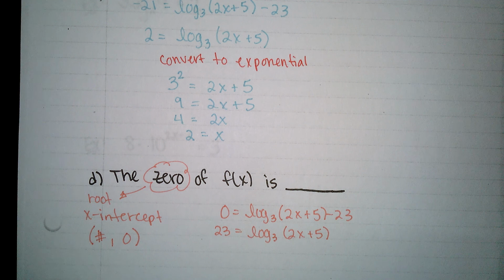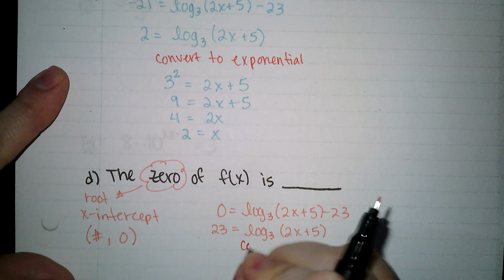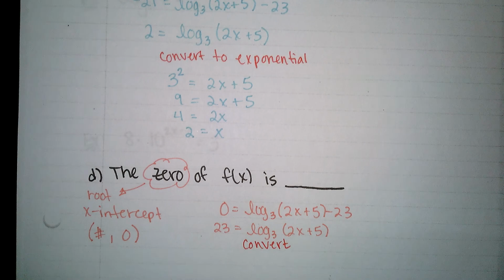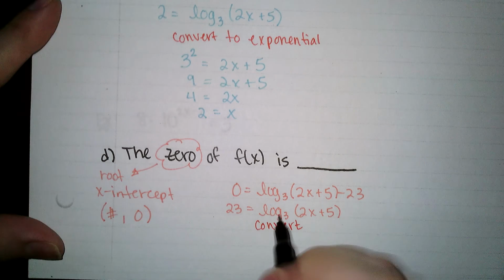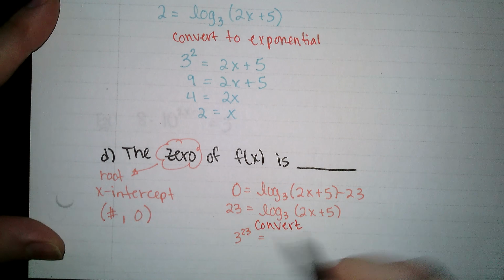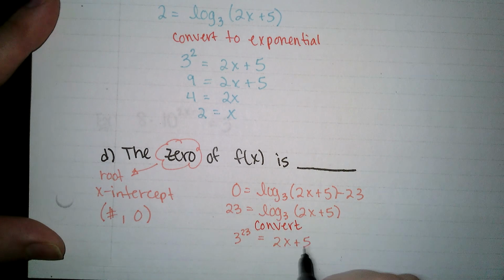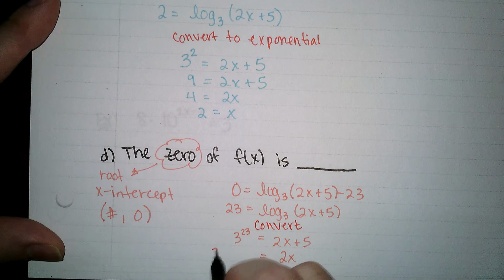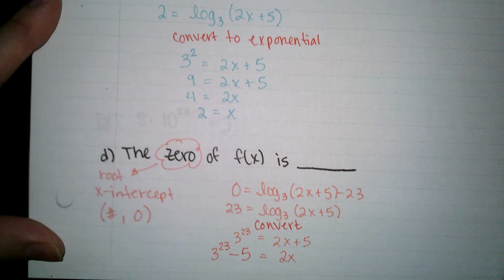I need to convert this to exponential form so that I can get the x out of the log relationship. So then that's going to give me 3 raised to the 23rd power equals 2x plus 5. Subtract that 5 from both sides. So 2x equals, goodness gracious, 3 to the 23rd power minus 5.